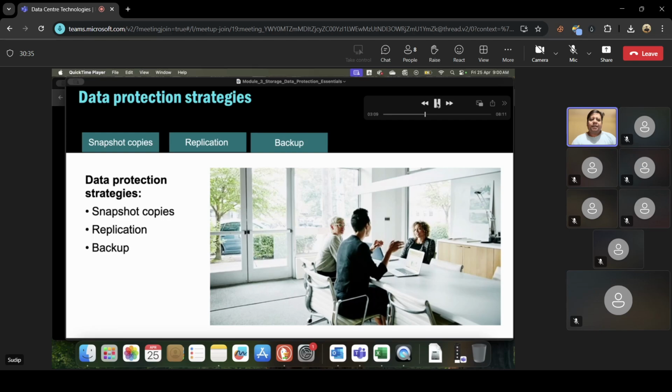Now one of my favorite topics is snapshots. We'll understand what a snapshot is, why we need it, what exactly happens when we are doing a snapshot, and how it is used effectively in a storage system to protect data.